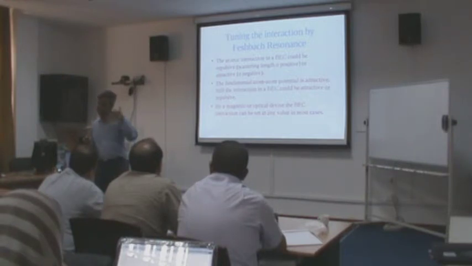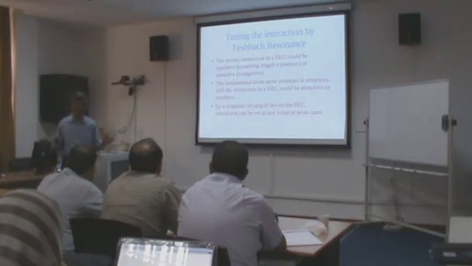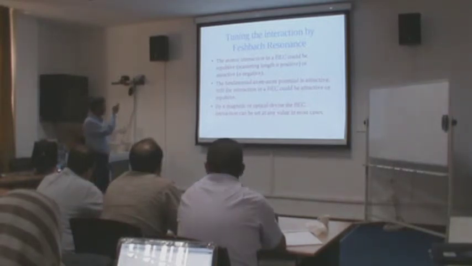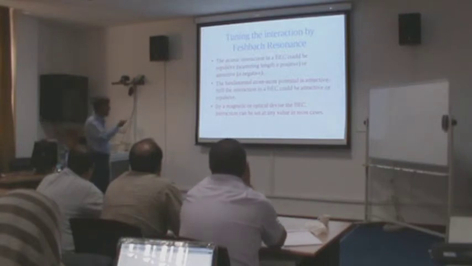We can easily change this in the laboratory. The potential remains the same, but the effective interaction can be changed to a smaller or larger value. This can be done in the case of the contact interaction by applying a laser or a magnetic field.